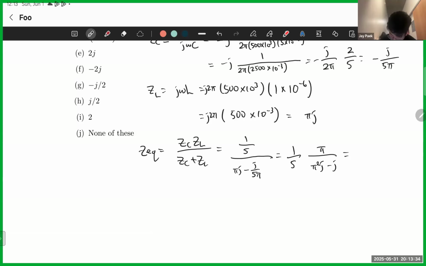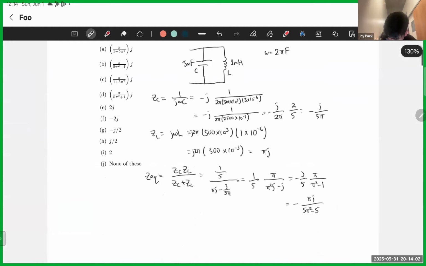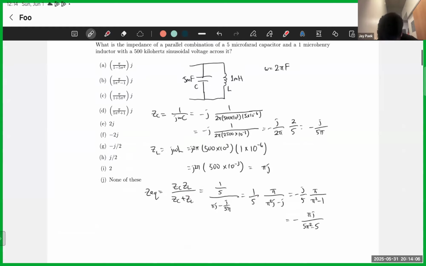And so I can factor out a j, and that would be negative j over 5 pi over pi squared minus 1. And so, putting everything together, we have the following answer. And hopefully I didn't make any algebraic mistakes. I clearly did make an algebraic mistake somewhere.